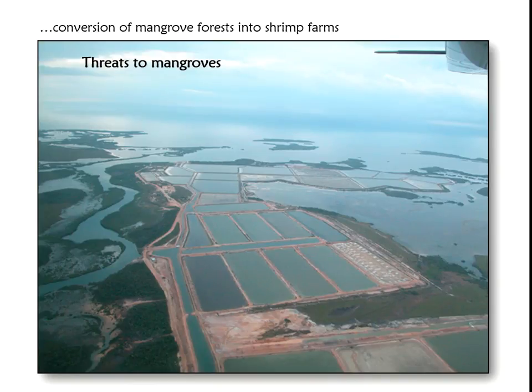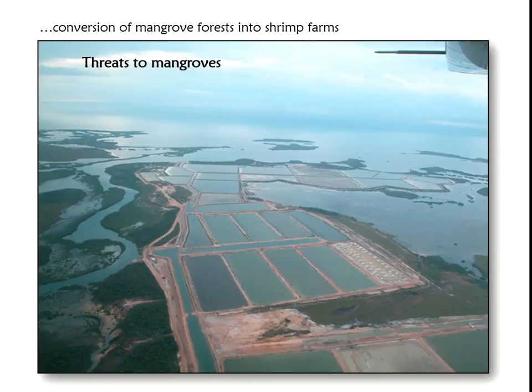You can go to some places in Indonesia, for example, gorgeous mangrove forests, but they have been absolutely more than decimated and converted into shrimp farms, because they worked out how to do industrial scale what was an artisanal kind of production of making these shrimps and these family farm shrimp farms.